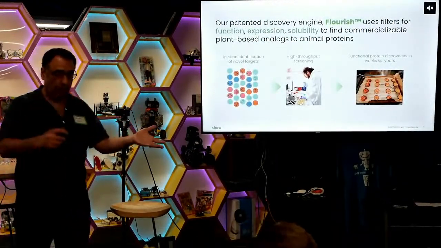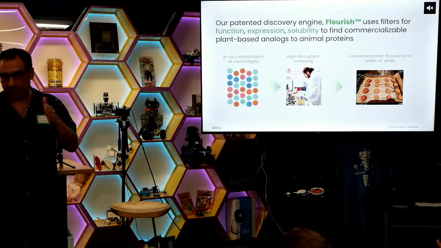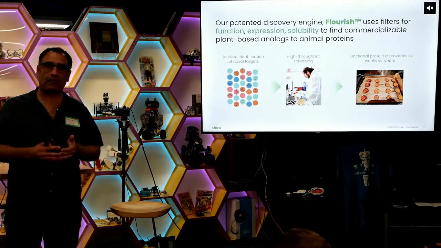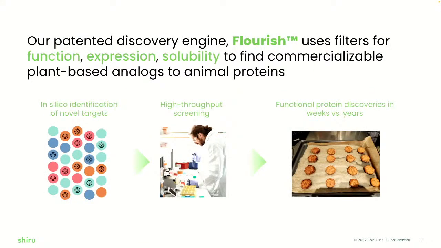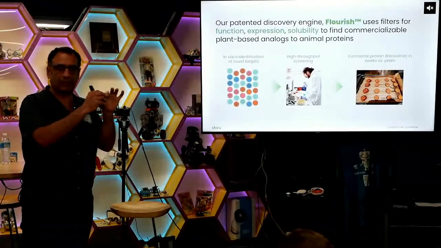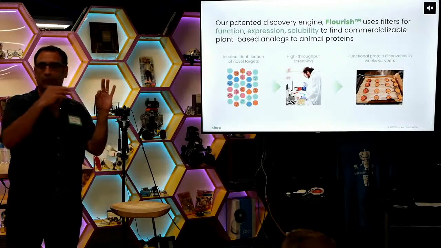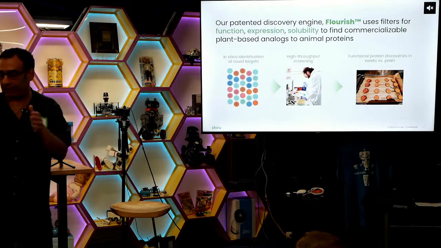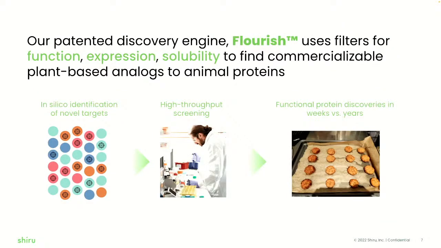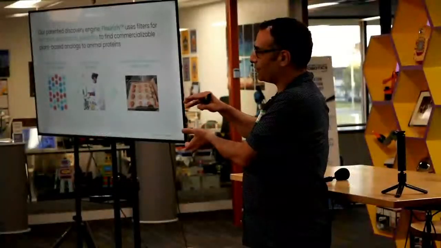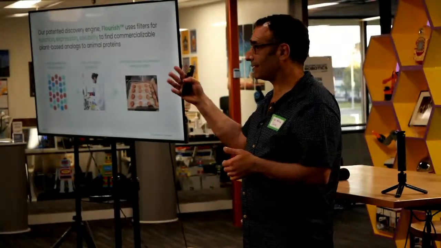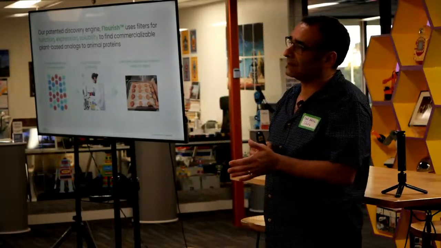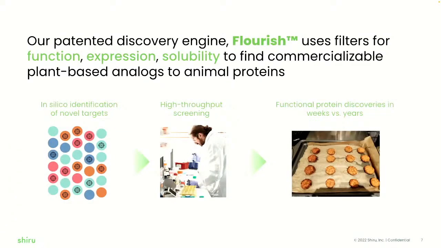So in order to accommodate and try to find these proteins, Shiru came up with Flourish, which is an end-to-end solution to this type of problem that starts from a protein that I think should be a good gelation or emulsifying agent, and will end up being tested in the lab in a beef patty and still maintain the shape of the beef patty, instead of all these ingredients that are used now in plant-based meats and are not necessarily food.